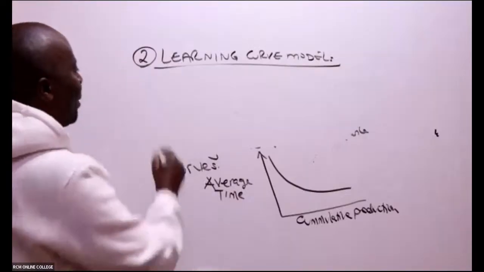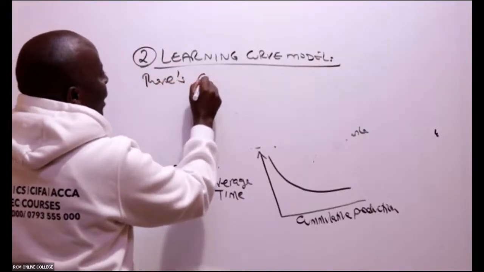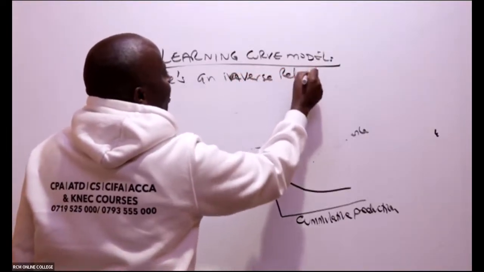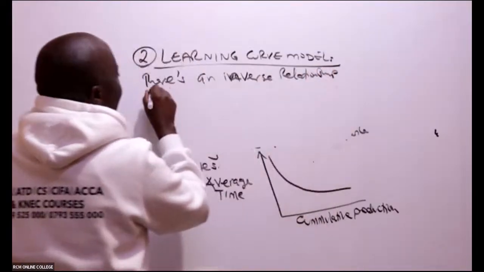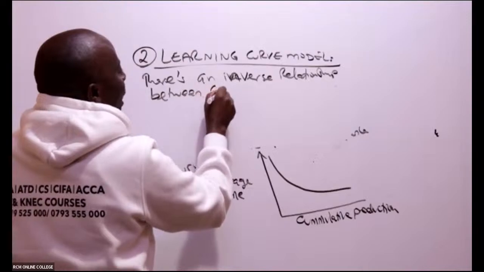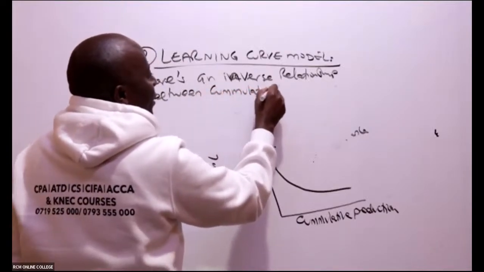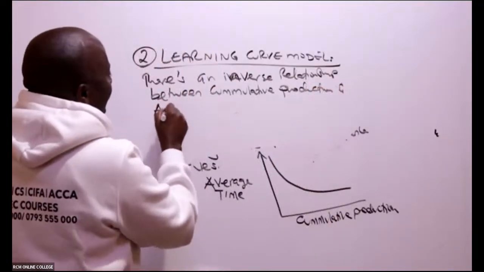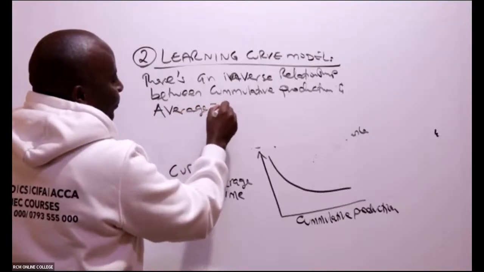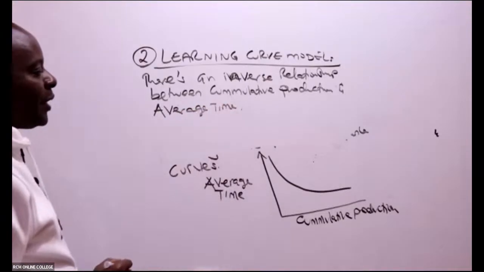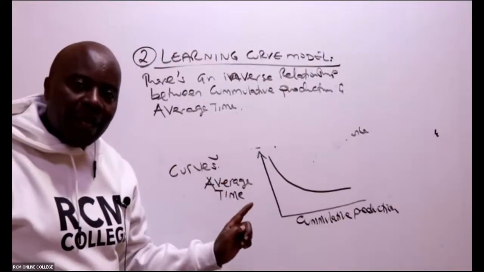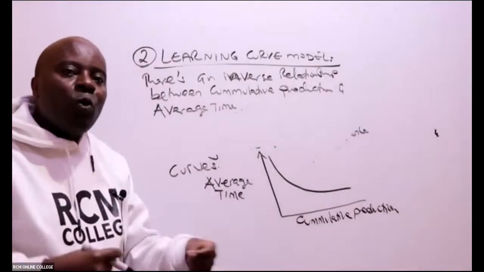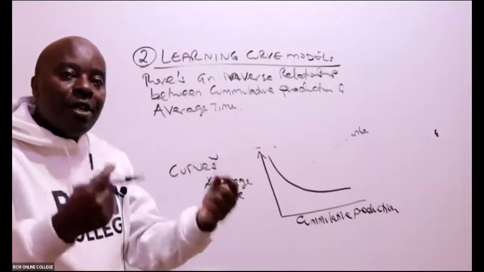So you can mention, ladies and gentlemen, that there is an inverse relationship between cumulative production and average time. What this means is that the average time for producing subsequent units shall always reduce.